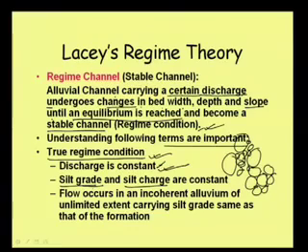And so the average size of the particle is significant, and that is why by silt grade we mean the size of the silt, and that can be represented as D50. It means that if we use sieve analysis, sieving the entire silt, and find what percentage of the silt is passing through a size, then 50% being finer than that particular size, we refer to that size as D50.